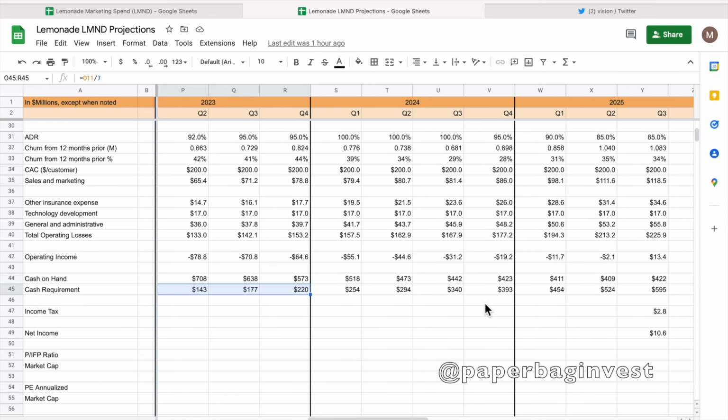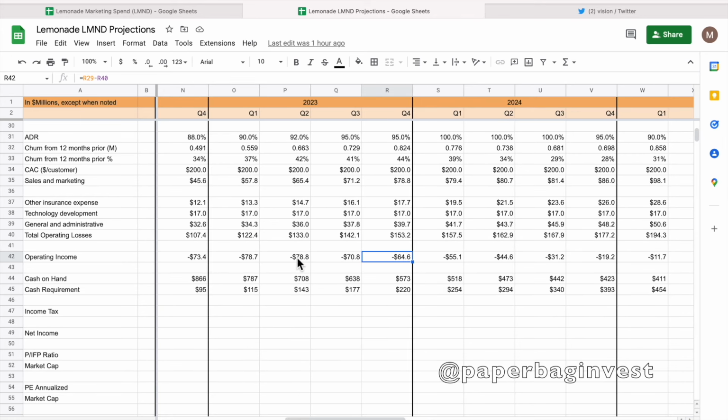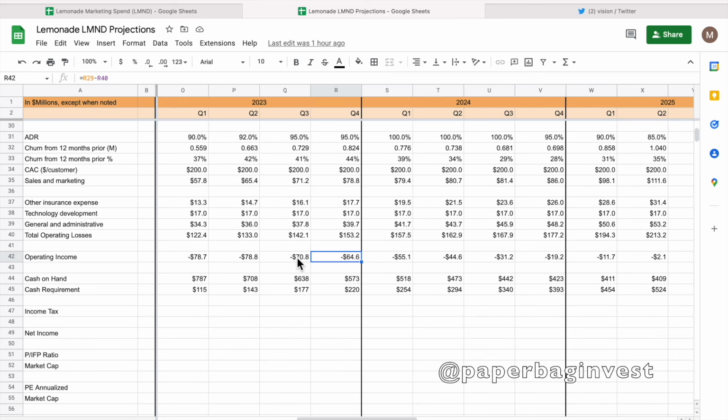By the end of 2023, so kind of the end of next year, a year and a half from now, the losses start to drop. Losses start to lower, and then they actually start to diminish further and further. The rate that your cash is burning, of course, starts to slow down as well.